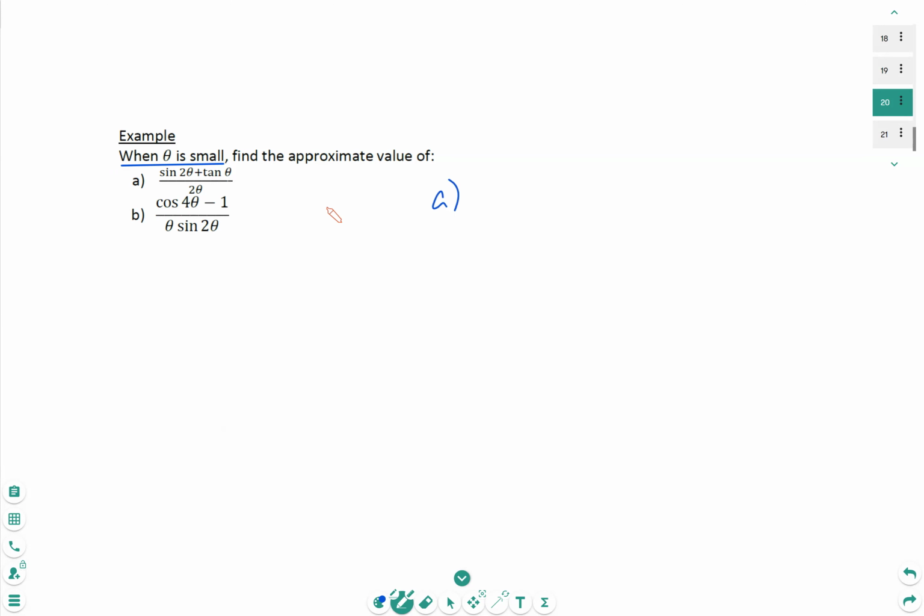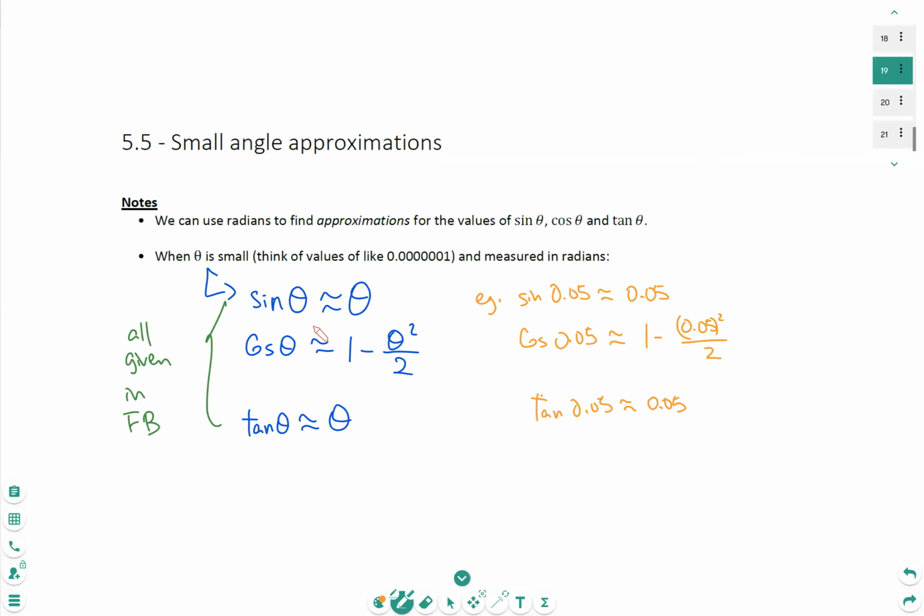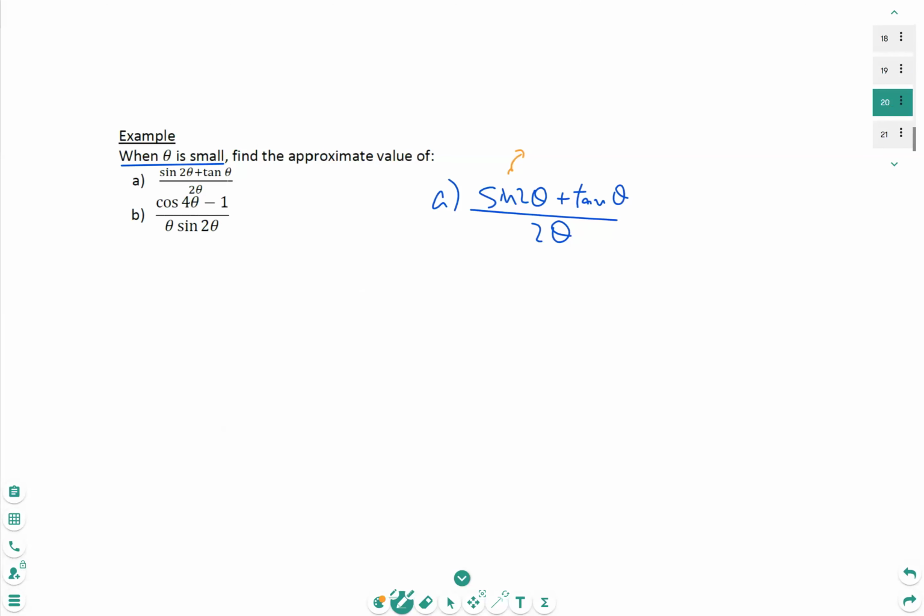Question A. I'm just going to rewrite the question to make it easier for you to see what's happening in between. We know sine 2 theta, that's sine of something is roughly equal to that value, so whatever we're taking the sine of, we use that value. So sine 2 theta roughly equals 2 theta, and tan theta roughly equals theta.